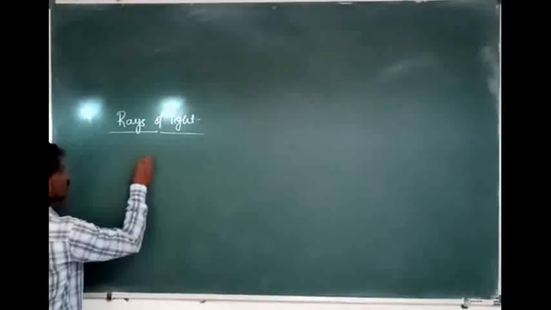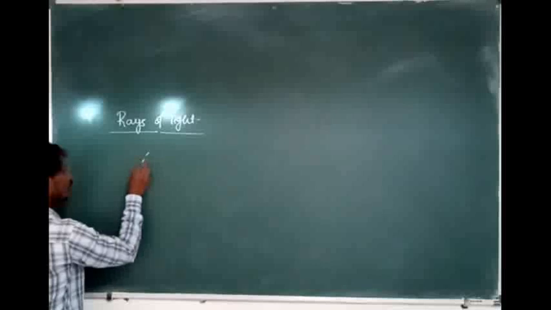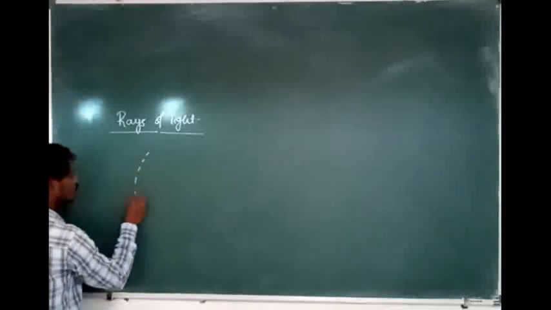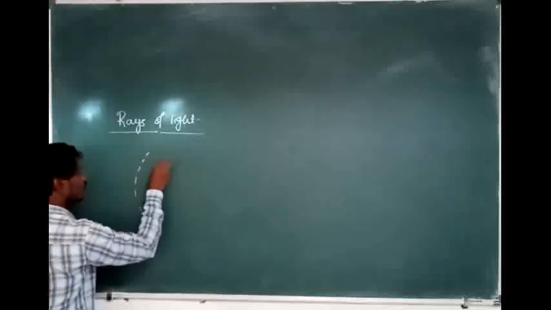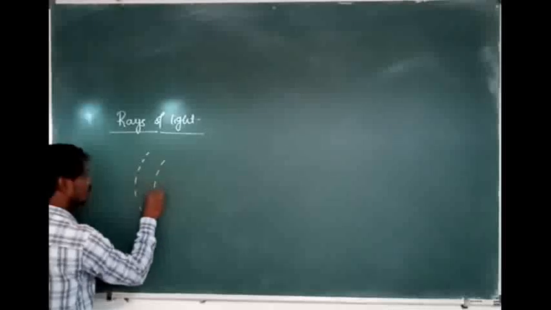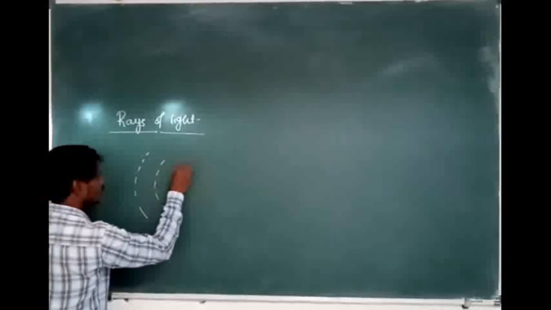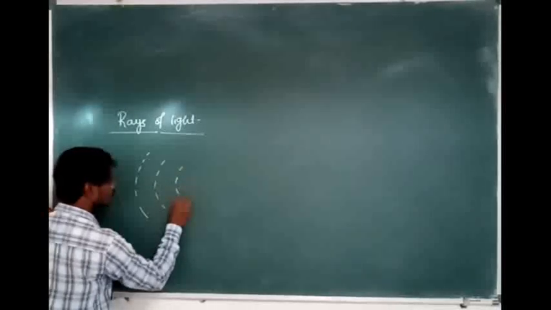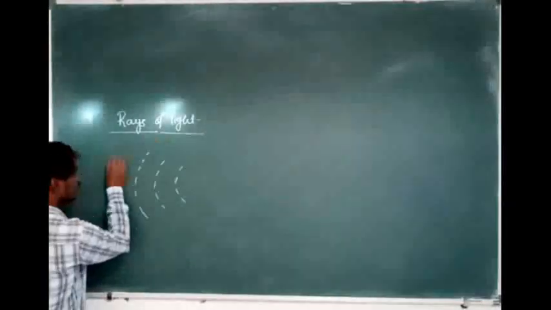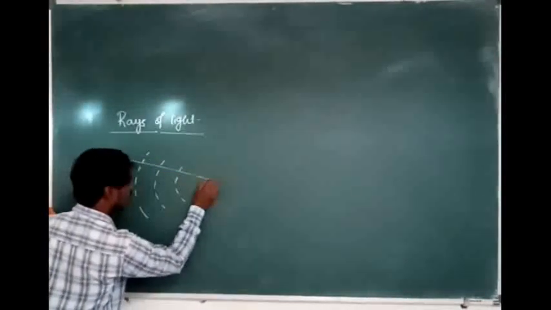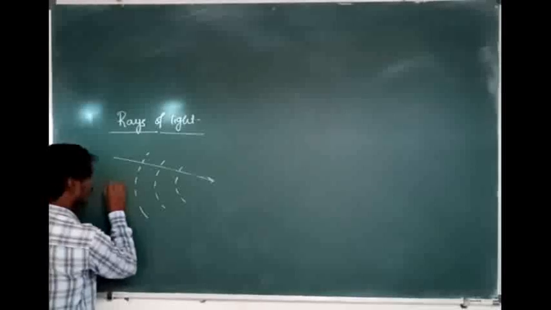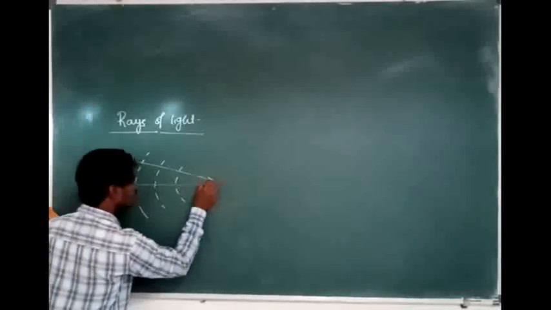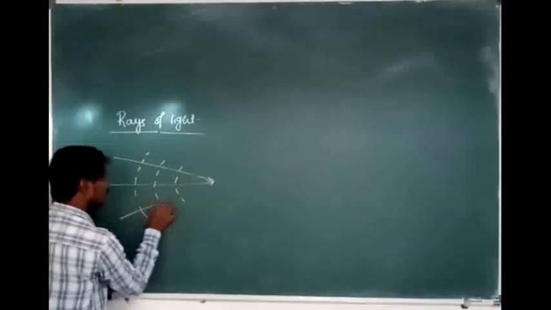Converging wavefront means the waves meet at a point. Those waves are called converging wavefronts. These waves converge at a point. So we are going to draw the direction of convergence of these spherical wavefronts.